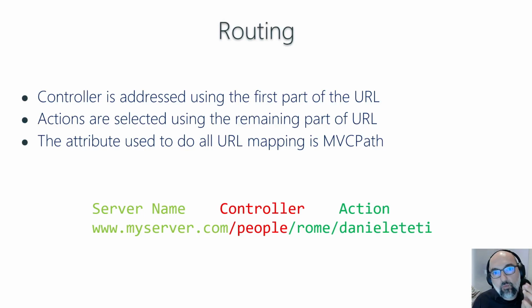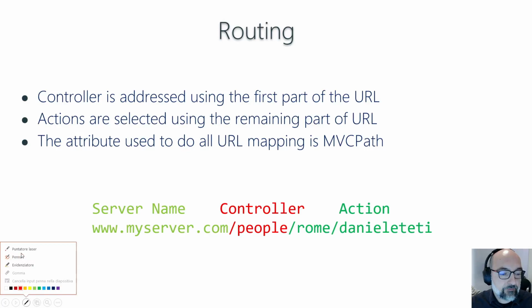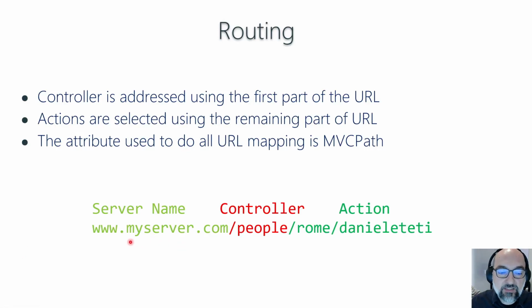To understand which controller we have to select or which action we have to call, we are using some attributes that we will see in a moment. For now, we have to understand that when I write www.myserver.com/people/rom/Daniele Teti, I'm actually selecting the server name, obviously in the usual way, and this is the controller, which is not the first part separated by slash, but just the first part.